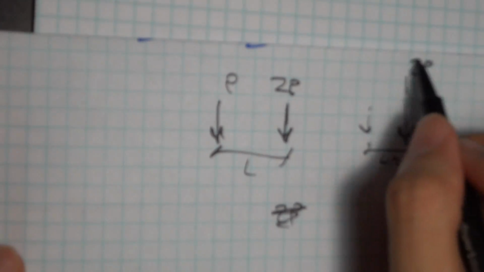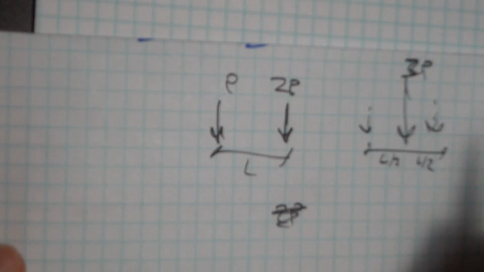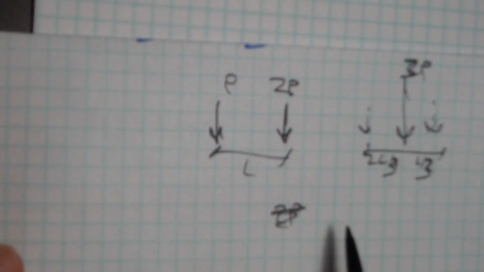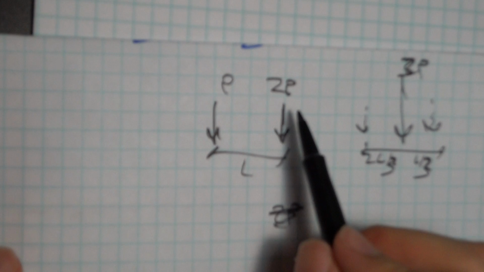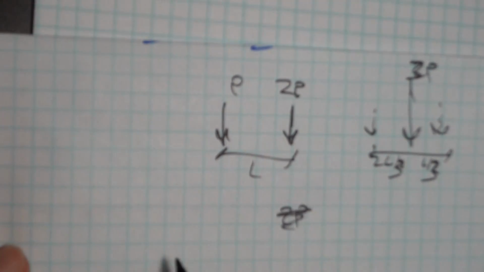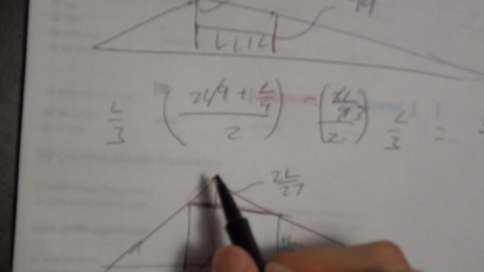So this would be something more like 3P, and this would be at 2L on 3, and this would be at L on 3. So normally you would have some load 2P here, and you'd normally just want to put the heaviest load at the vertex. But you do not have point loads for this problem, so you don't have to worry about that. You can worry about that for the exam. But yeah, let us know if you have any other questions.